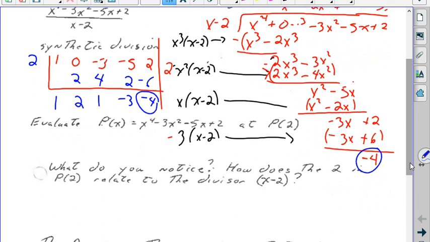Now, I kind of ran out of room here. I want you to evaluate p at 2. That means I want you to plug in 2 every place you see an x. I would like you to do that on your calculator.